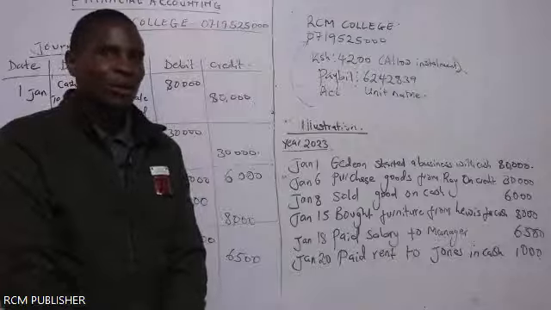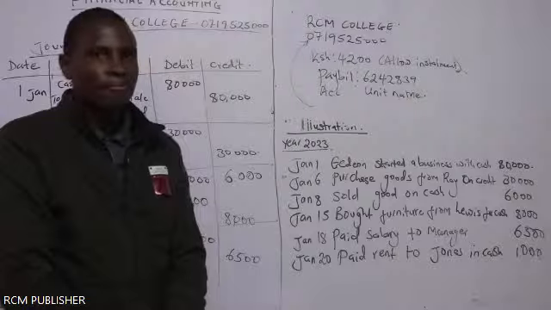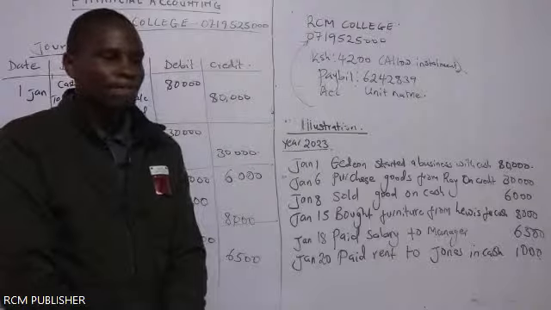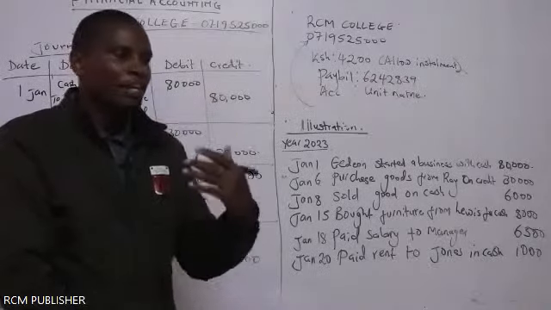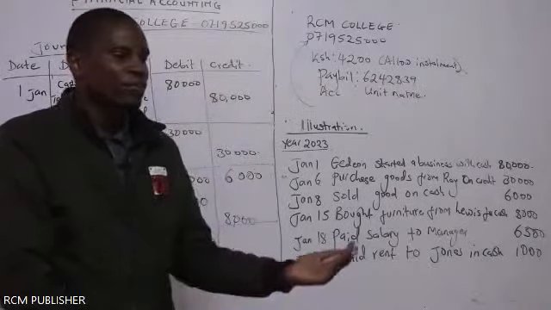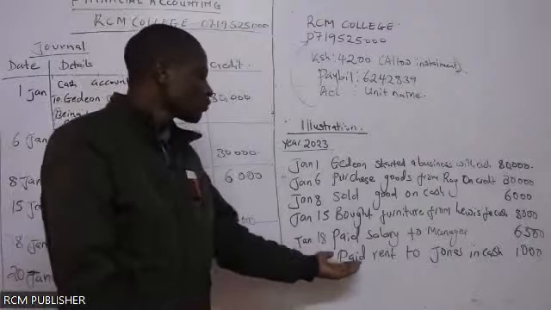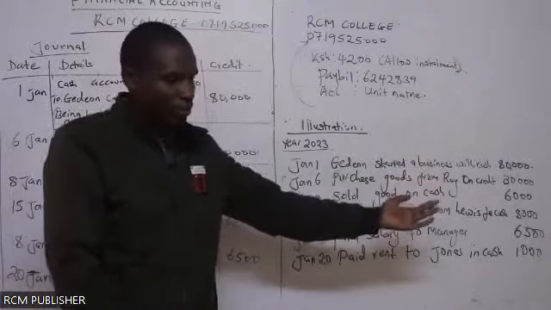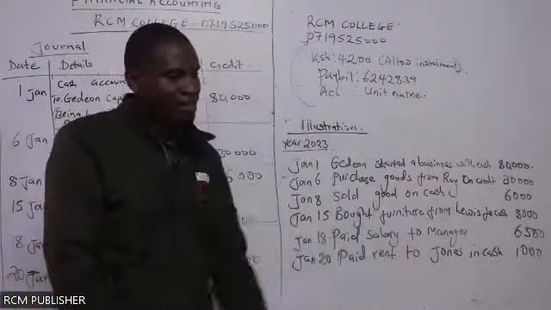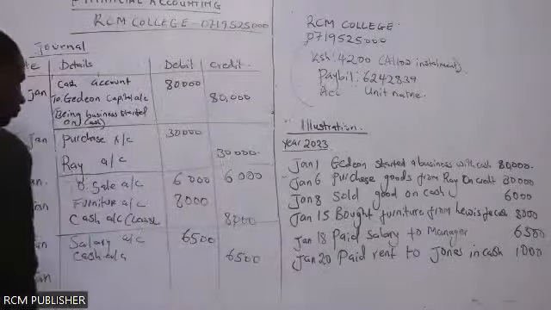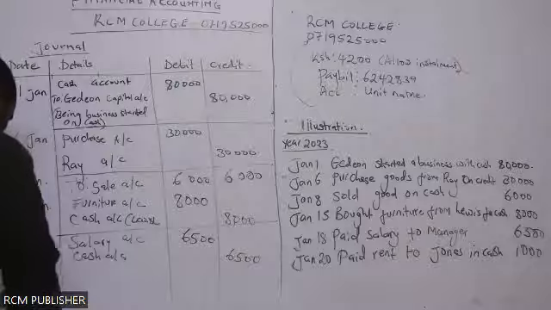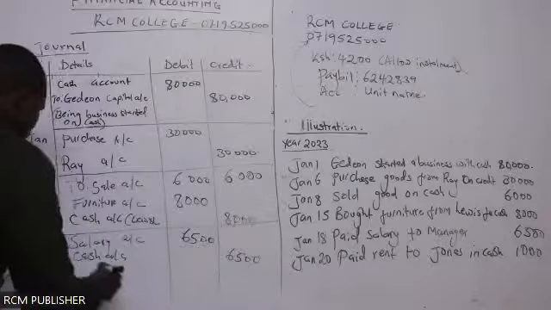An obvious question. Our cash or our money in the bank is reducing. Therefore, we debit the rent account, and then we credit the cash, if we are paying through cash.